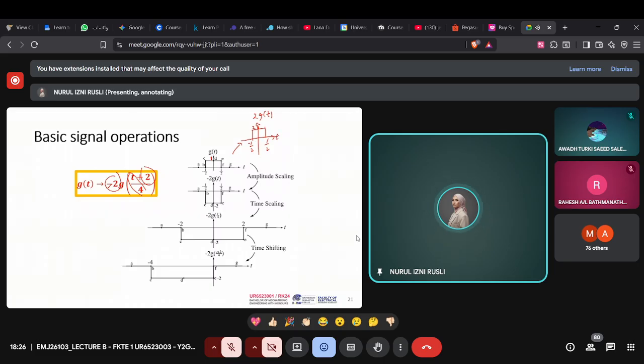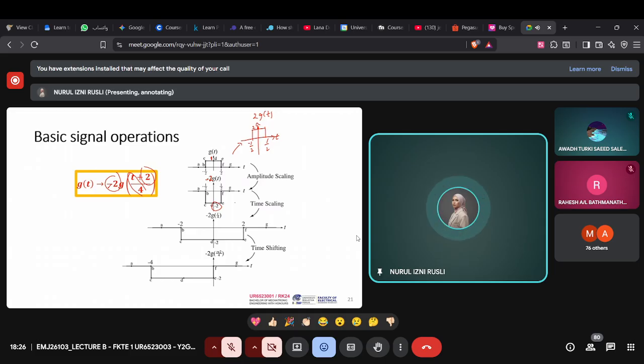And then next, because it is having minus sign, you have to invert your amplitude. So instead of 2, you have to apply negative at 2. Now you are having minus 2 over here. So t is not changing.